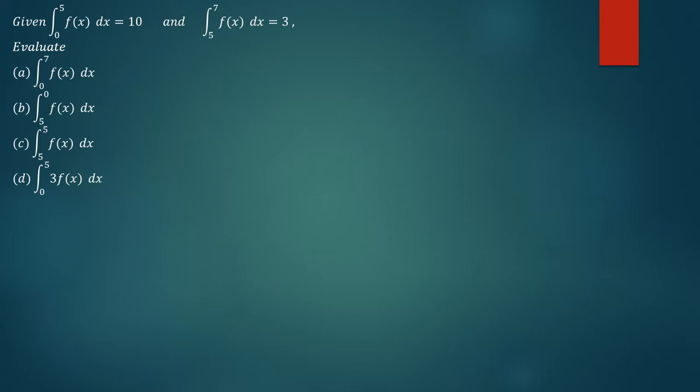Right, so let's quickly take a look at these questions on the screen. The question says, given that the integral of f of x with respect to x is equal to 10, and the integral of f of x with respect to x over the limits 7 and 5 is equal to 3, they are asking us to find the integral of f of x with respect to x over the limits 7 and 0.